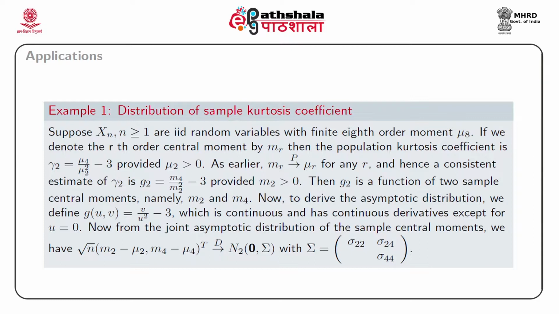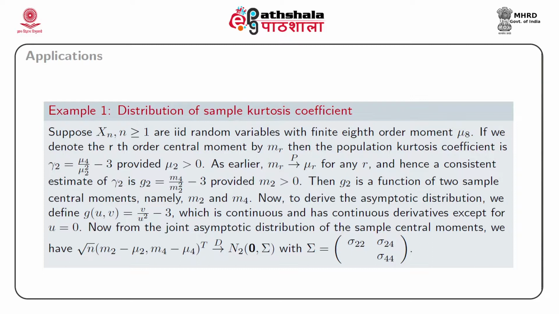Now from the joint asymptotic distribution of the sample central moments, we have the large sample distribution of m2 and m4 as a bivariate normal with mean 0 and dispersion matrix sigma, where sigma has elements sigma 22 and sigma 24 in the first row, and because of the symmetry we only need to consider the next diagonal element, which is sigma 44.